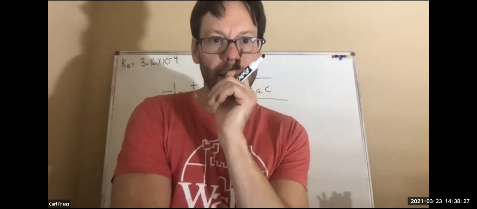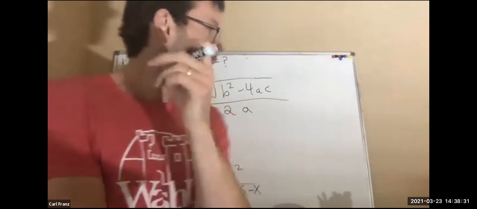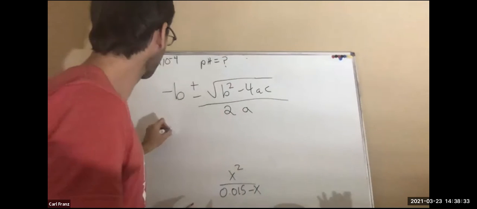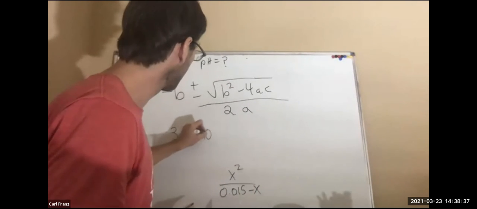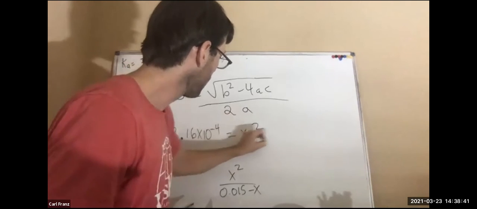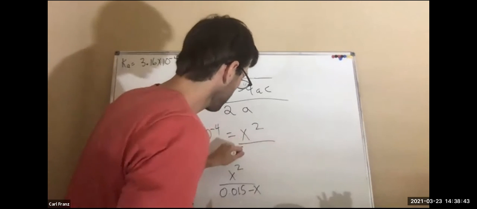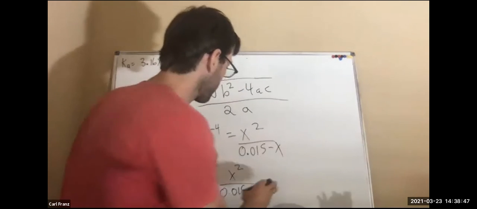So we can set it equal to our Ka, right? We have 3.16 times 10 to the negative 4 equals x squared over 0.015 minus x.